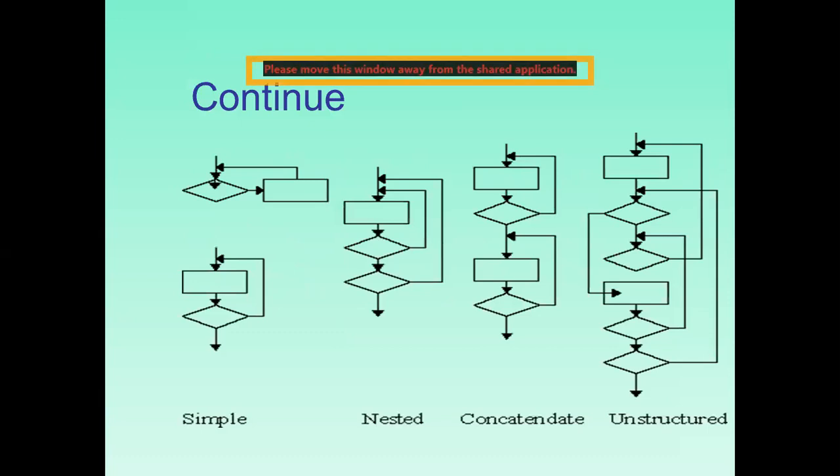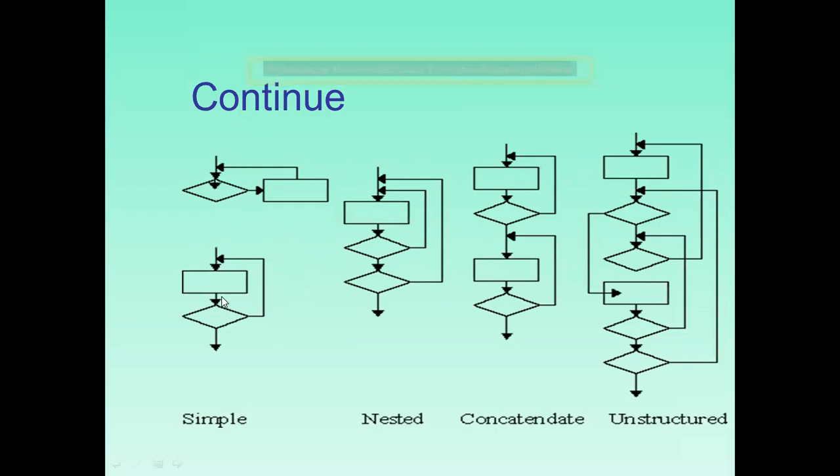Now here you can see a number of loops: simple, nested, concatenated, unstructured. These are the various types of loops, and during writing the program or the implementation, we can use either the simple type of loop.